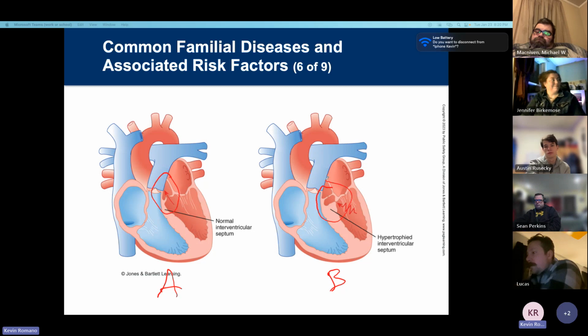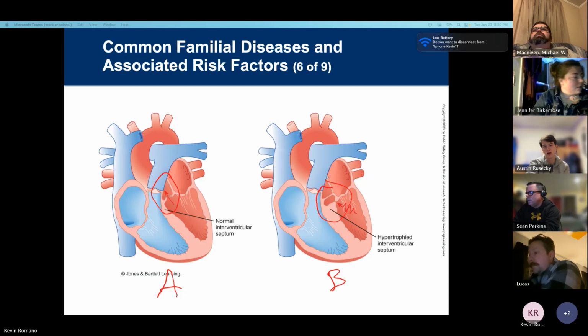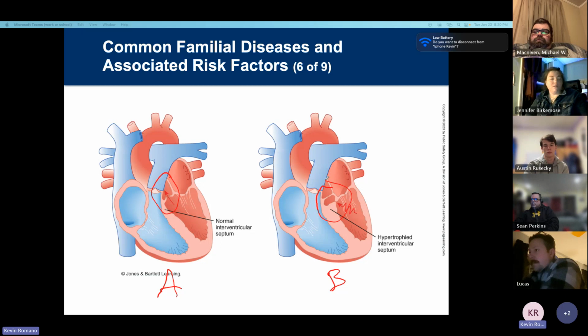If we have someone with pericarditis, so an inflammation of the pericardium, what is one of the most common causes of that? What is one of the more common causes of pericarditis, since we're talking about cardiac really quick? Any thoughts? Anyone?